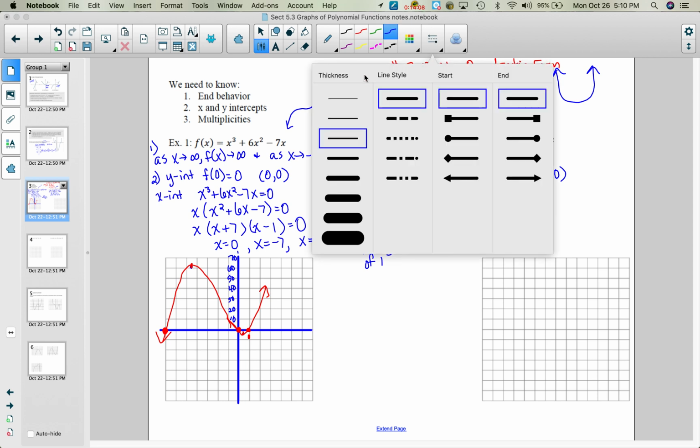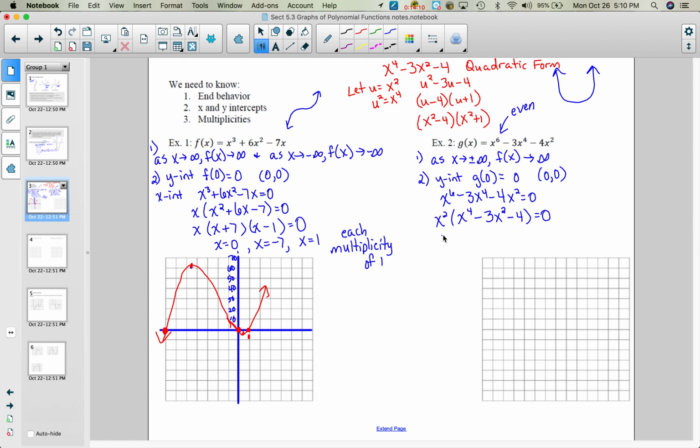So now I'm going to go back down here and say this was x squared, and this factors to x squared minus 4 times x squared plus 1. All right, almost done, except x squared minus 4 is the difference of two squares. So I have x squared, x plus 2, x minus 2, and x squared plus 1.